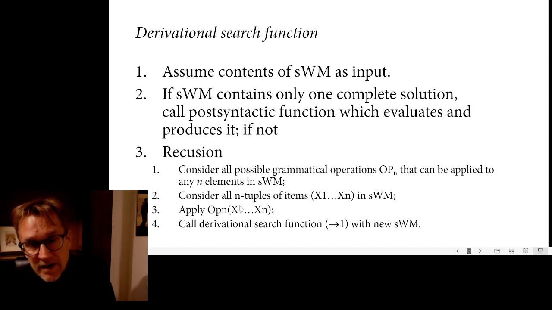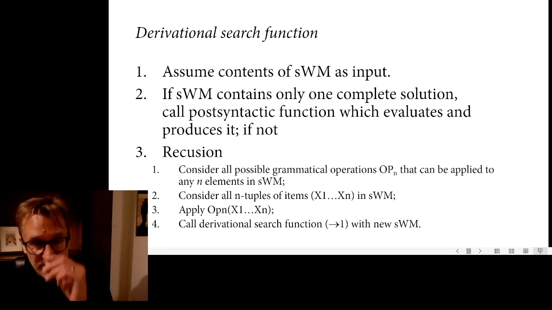How many they are depends on how many elements we have in the syntactic working memory, and then how many phrase structure objects that operation assumes. Merge assumes 2, so we will be looking at all pairs.